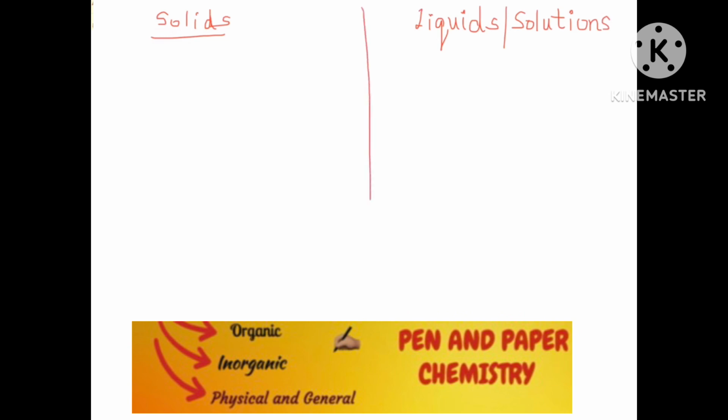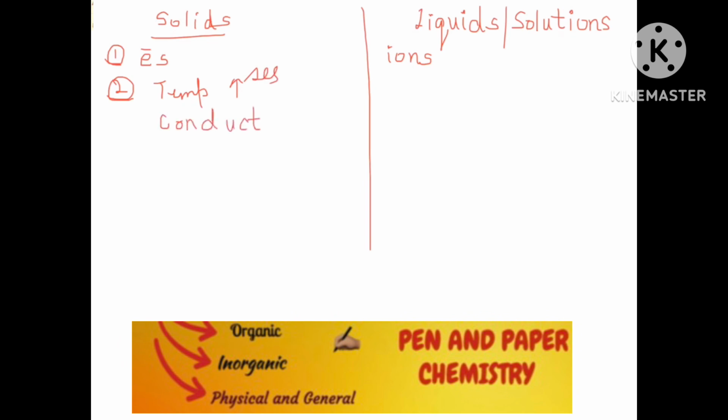So, what is the difference when we are talking about these two? In the case of solids, it's the free electrons which are conducting the current. In the case of liquids or solutions, it is the ions which carry charge. In the case of solids, we've just now read about conductors. When temperature increases, conductivity decreases, right?